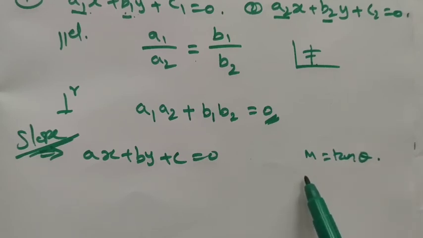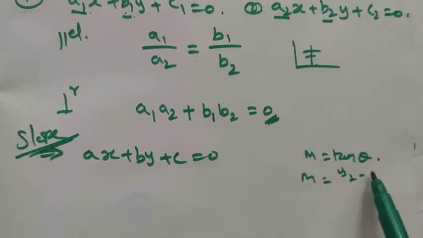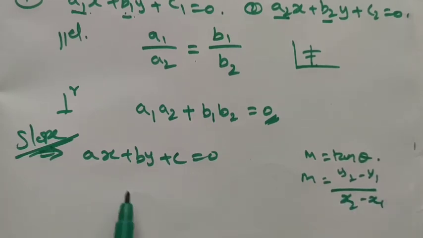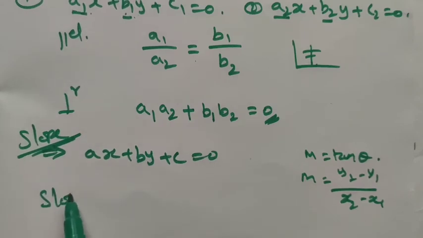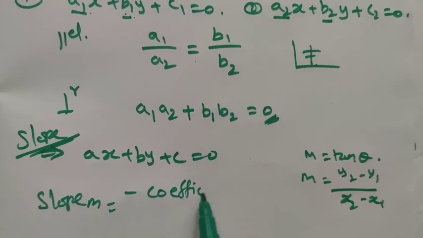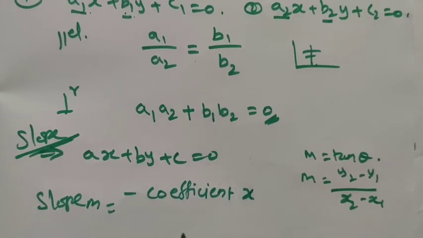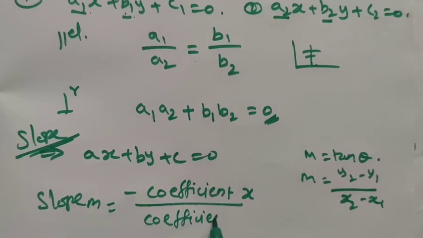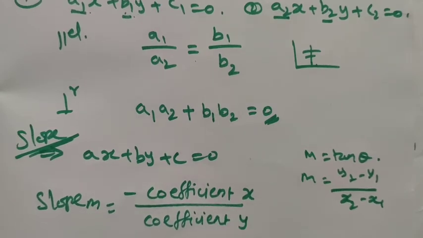If two points are given, the slope m is equal to y2 minus y1 divided by x2 minus x1. Now when the equation is given, the formula is slope m equal to minus coefficient of x divided by coefficient of y.